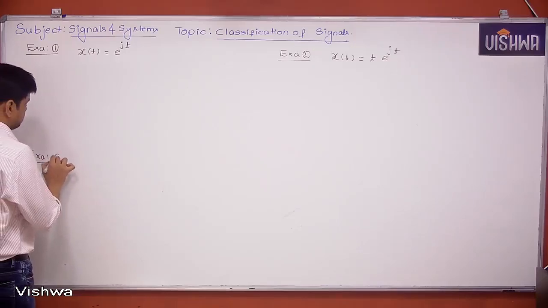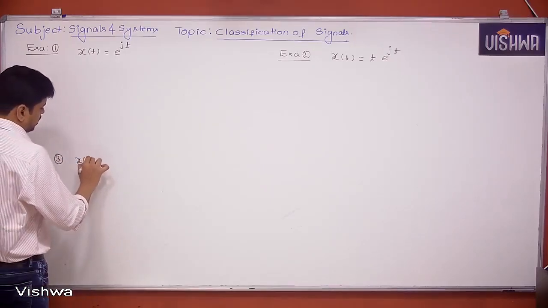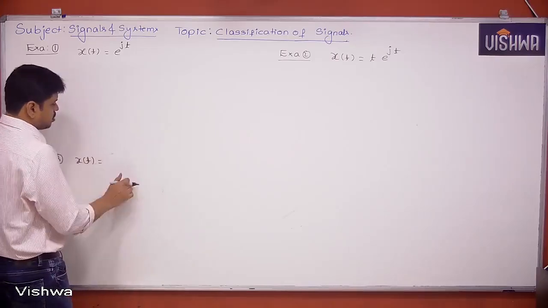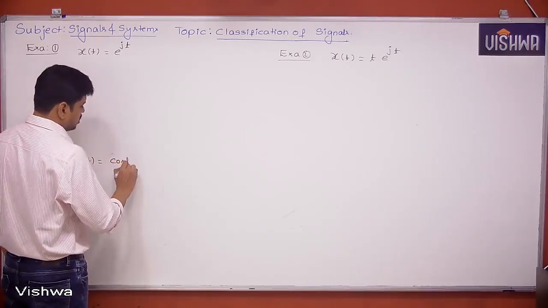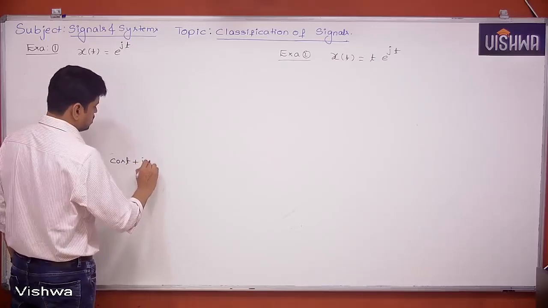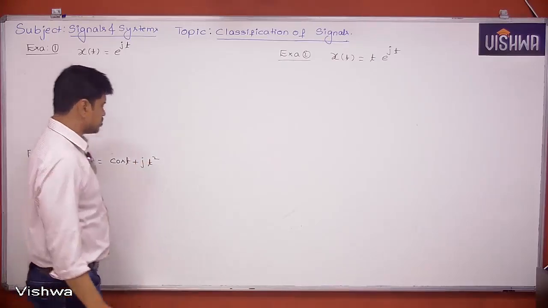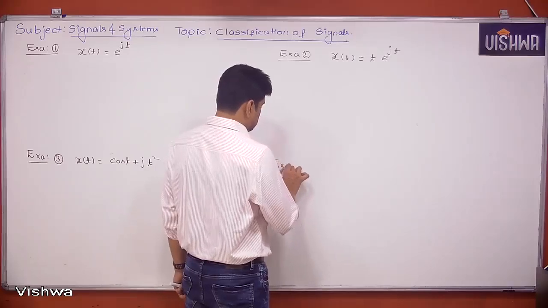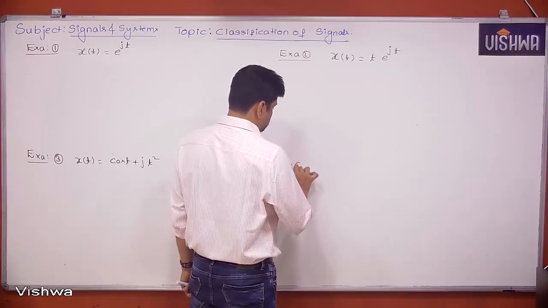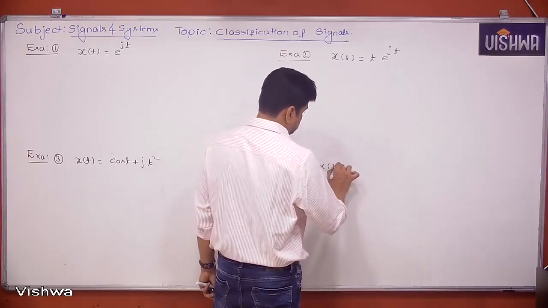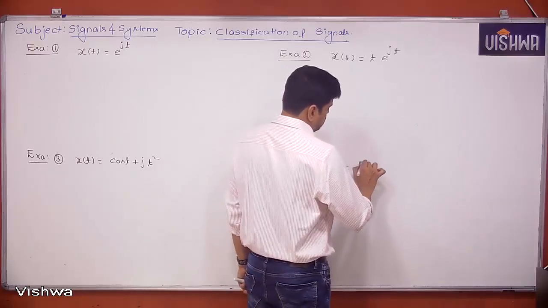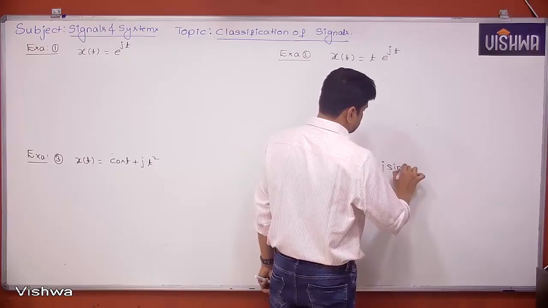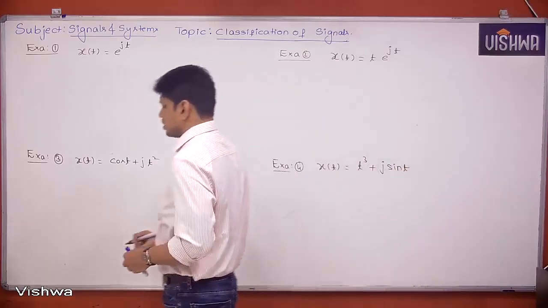Example 3, x of t is equal to cos t plus j t square. T cube plus j sin t. Let's take these examples.